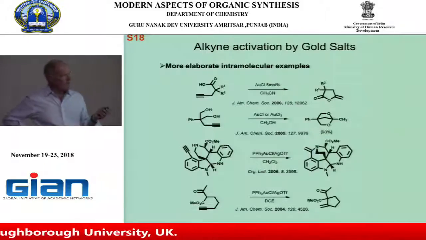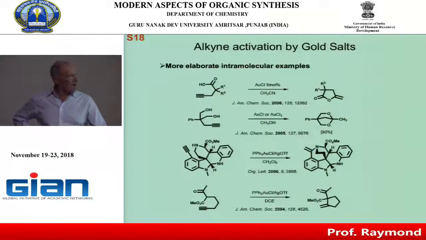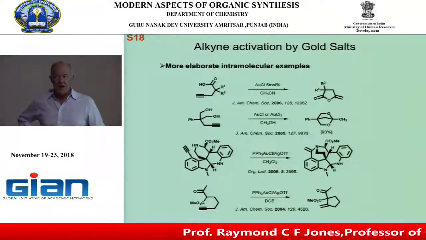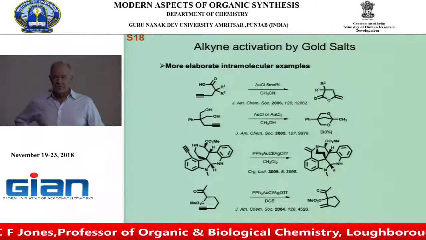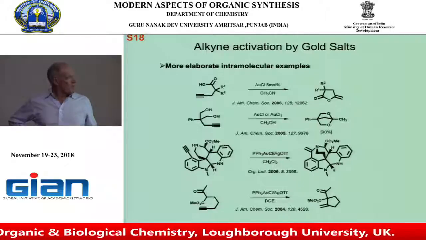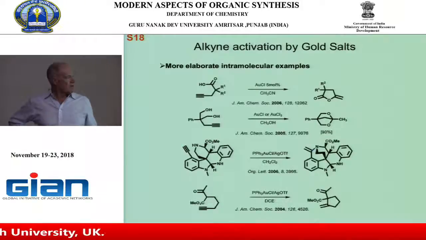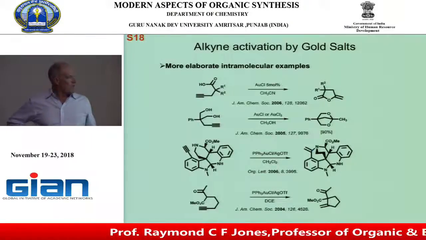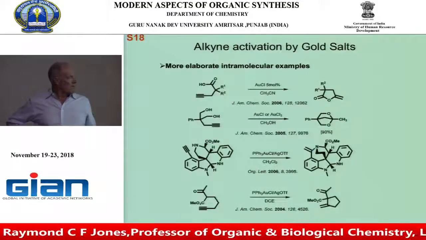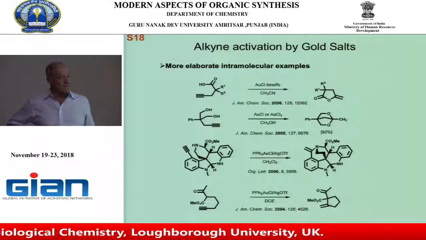You'll notice in all of these, I'm not sure how general a rule it is, but in all of these, the gold is added to the least hindered end of the alkyne, and the nucleophile is adding to the other end. So I think partly it probably couldn't reach the other end because of the steric constraints in this structure, but to fit with all of the others, if the gold wants to end up at the least hindered end, then the nitrogen will go where I've shown there.